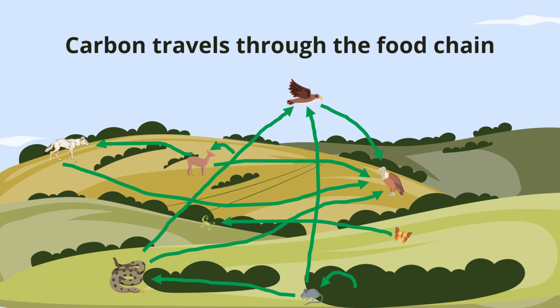If the hawk eats the snake, the hawk now has that carbon, and so on and so forth. So you can see the carbon, just in the form of animals eating other animals, is traveling all throughout the food chain, with these animals being kind of temporary little carbon stores until they get eaten by another little carbon store.